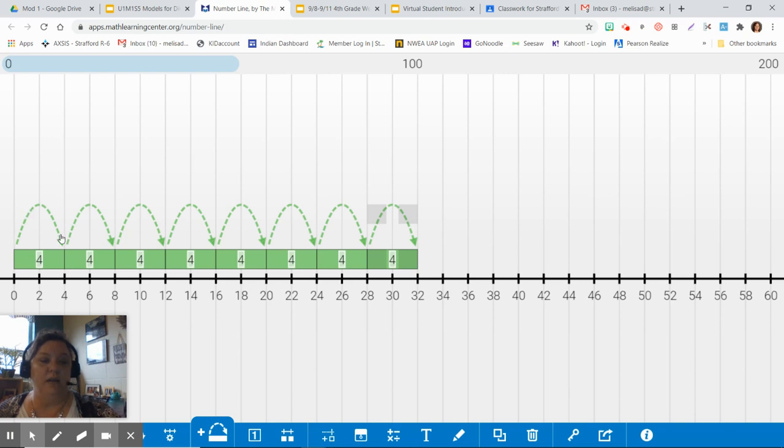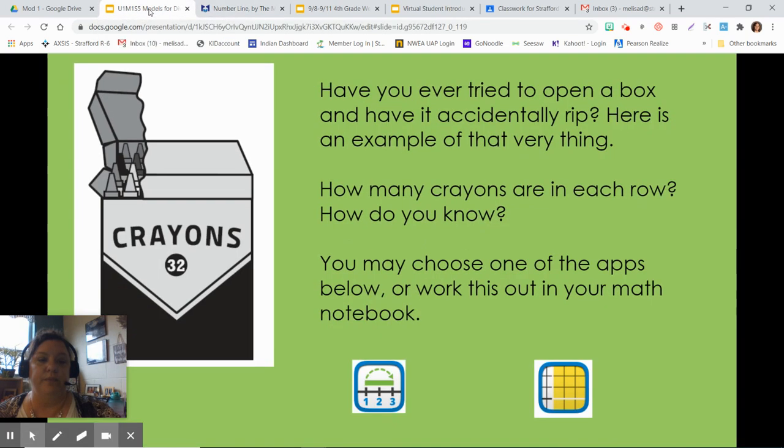So 1, 2, 3, 4, 5, 6, 7, 8. So right here, I can write a multiplication sentence equation. I can write division equations. So let's go back. So that was one way.